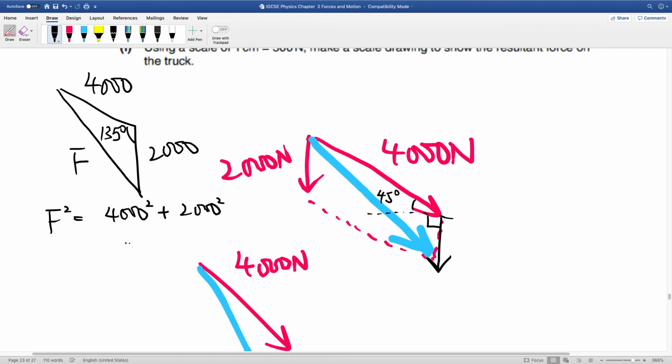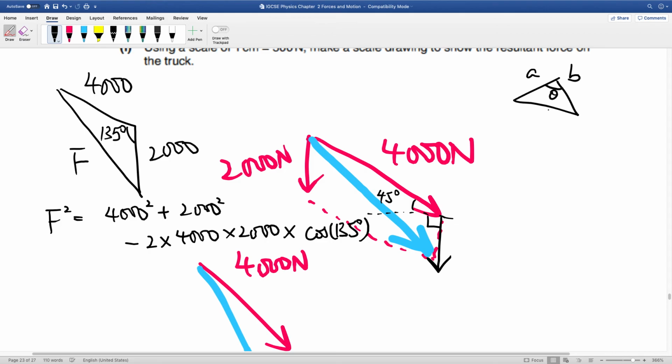No, it's not a right angle. It's called the cosine law. It's not adjacent side over the hypotenuse. You will learn it later on in GCSE maybe. I don't know if you have learned it.